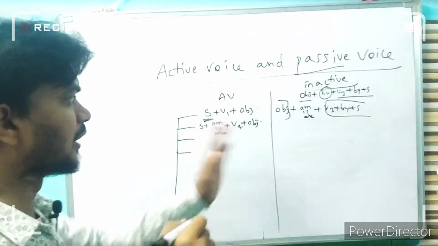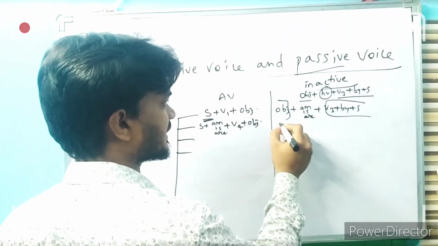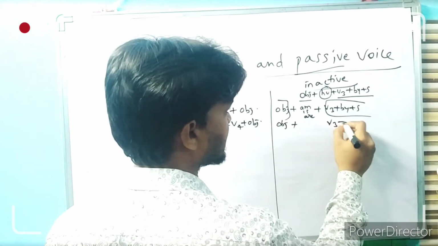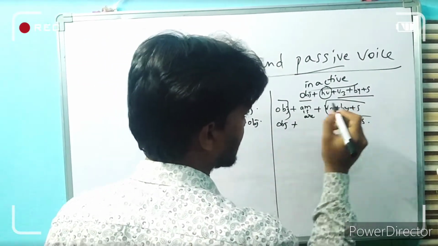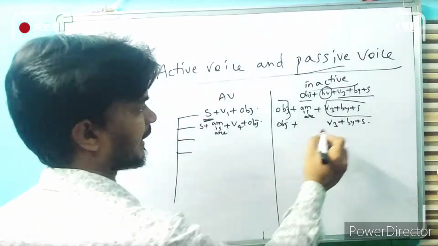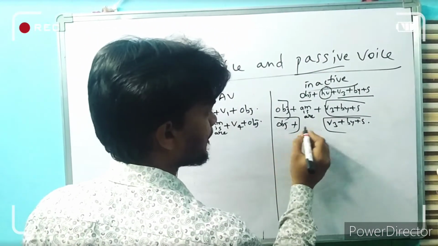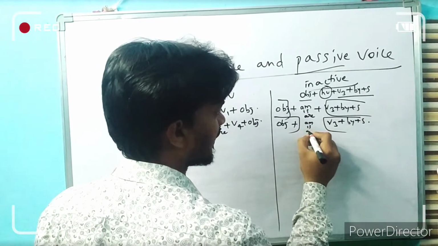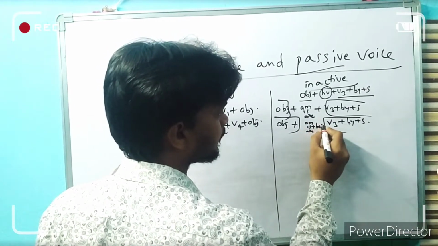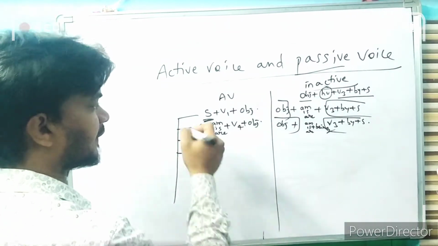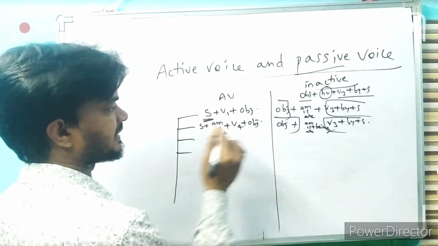Now, if it is passive voice, just now I said we begin the sentence with the object and we end the sentence with V3 plus by plus subject. Here, the helping verb part, which is different from other tenses, is am, is, are plus being. Am being, is being, are being. This is the present continuous tense passive voice structure.